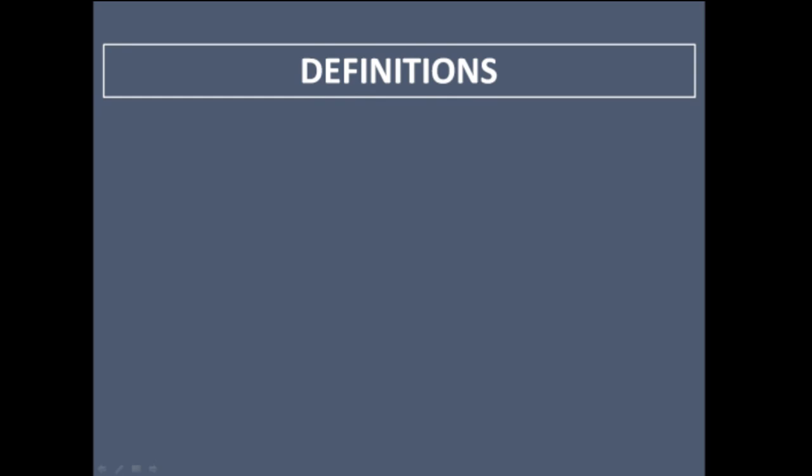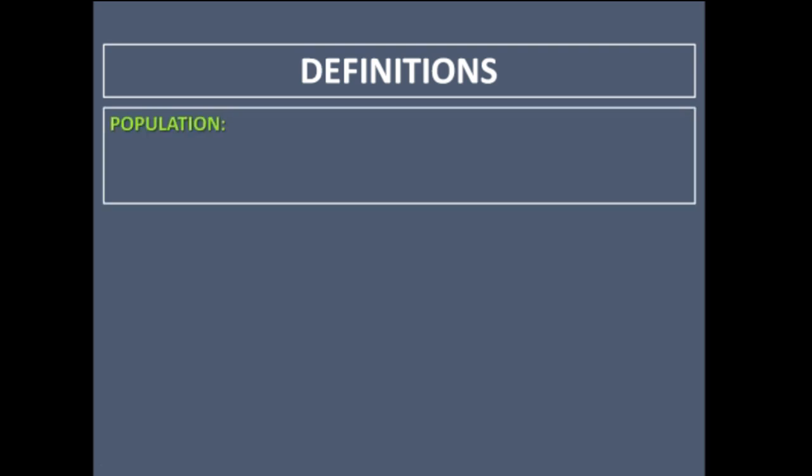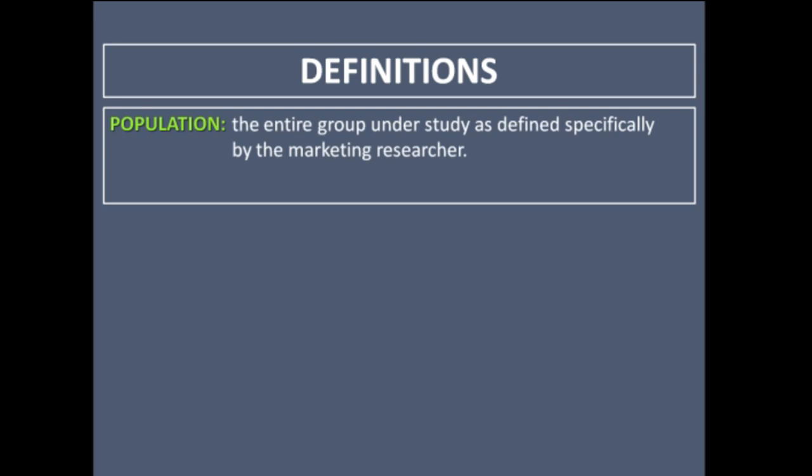Some definitions of terms that will come up as we go through this course. Two that we'll definitely see quite frequently are population and sample. Anytime you hear the term population, that will refer to the entire group under study. Now, that entire group will be set out by the parameters of our research.